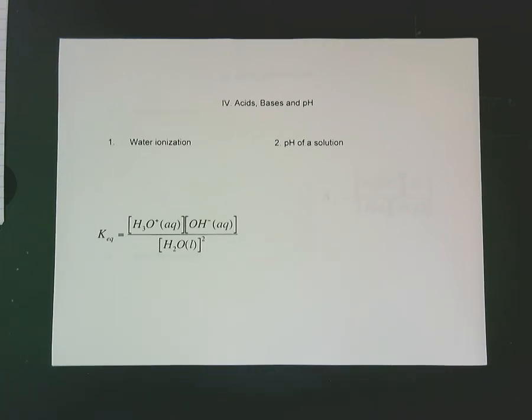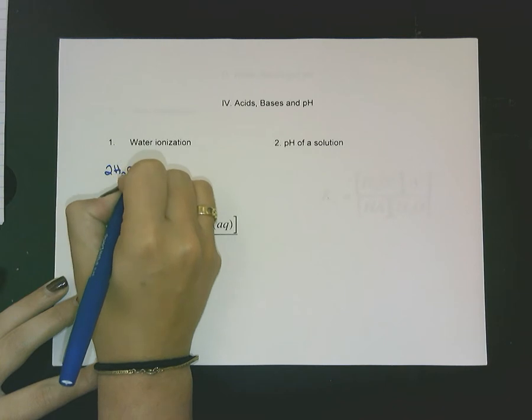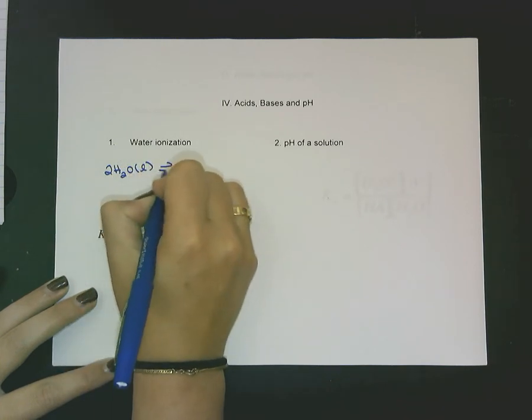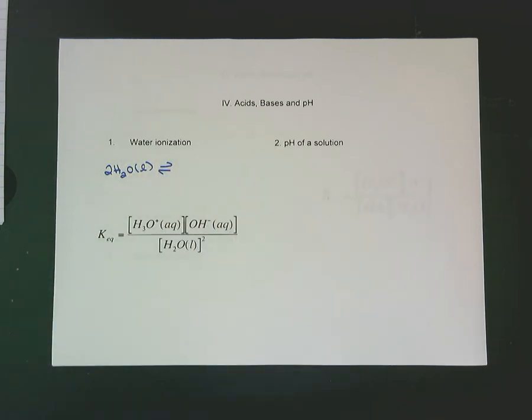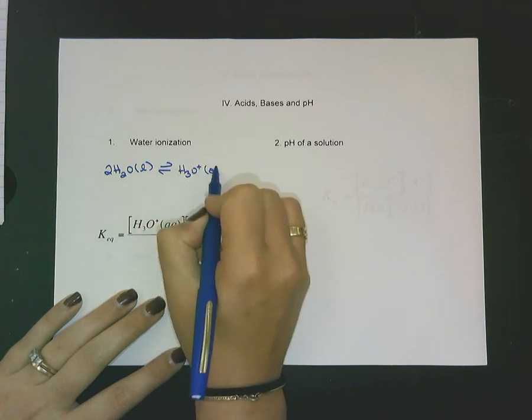All right, so water ionization. If I have water in its liquid form, what are the two compounds that water can form in equilibrium with itself? One's hydronium, and then hydroxide.